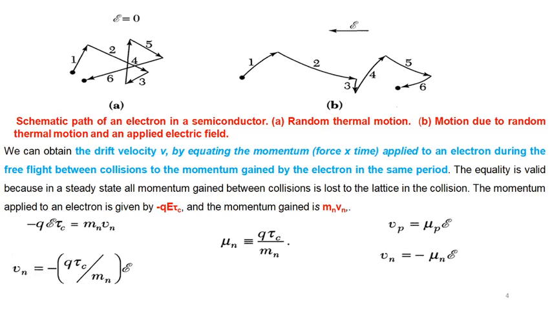This schematic shows very clearly an electron moving in a semiconductor. With random thermal motion and no electric field, that is E equal to 0, it moves randomly.